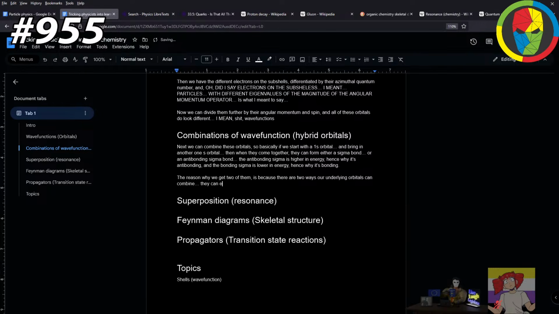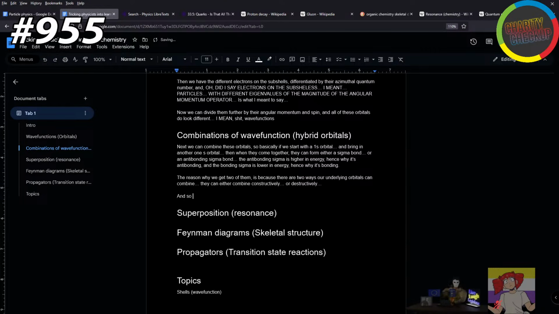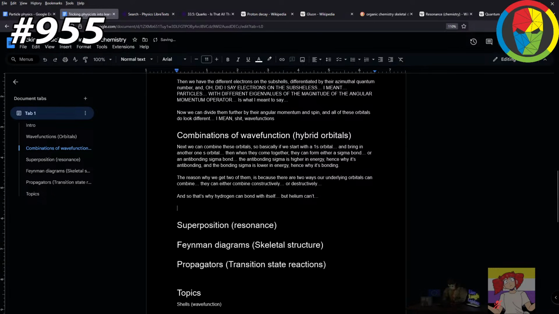They can either combine constructively or destructively. So that's why hydrogen can bond with itself, but helium can't.